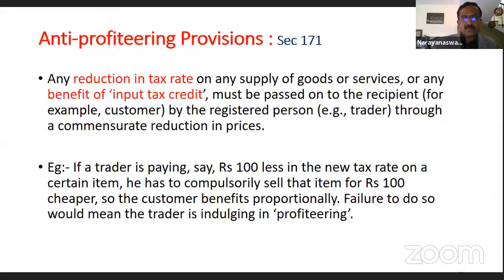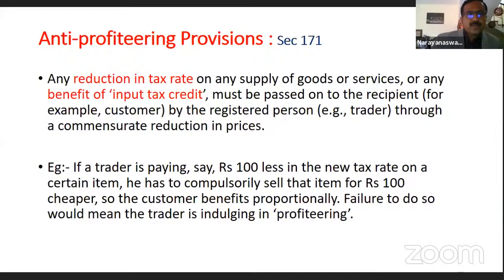So this was one of the threats for implementation of the GST, and the government and GST Council were very, very conscious. So they brought in these anti-profiteering provisions. Many people thought that it was going to be a draconian provision, that industries would be hauled up and things like that. But it was a deterrent provision right from the beginning.